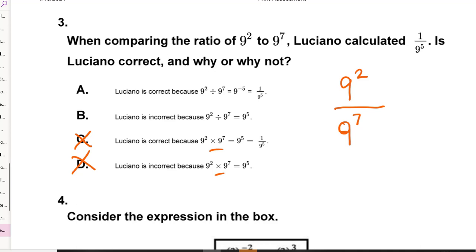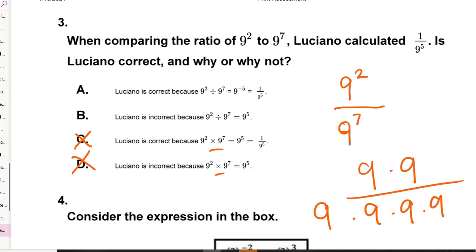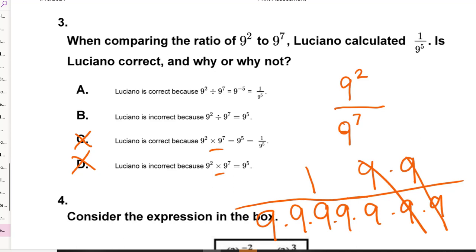Then with A and B, there are two ways you could look at it. You could say, if I stretch this out, squeeze another one in there. These two knock each other out. We'll have a 1 on the top, and then we've got 5 9s on the bottom.